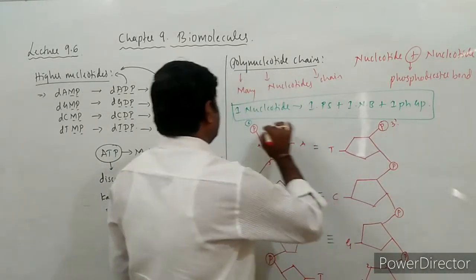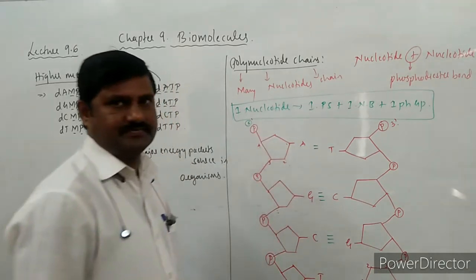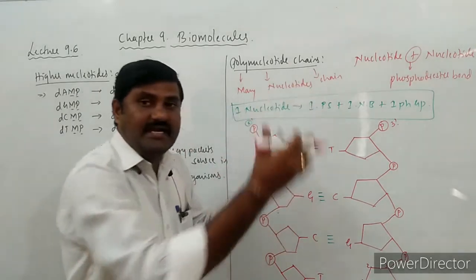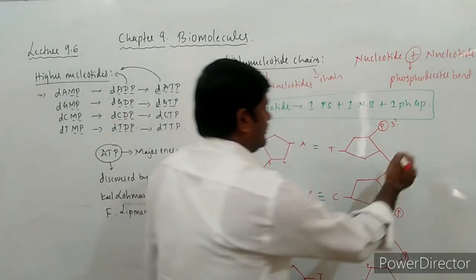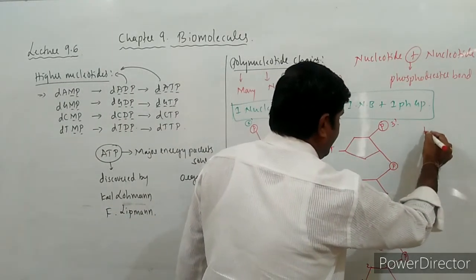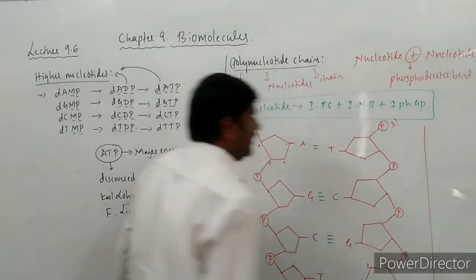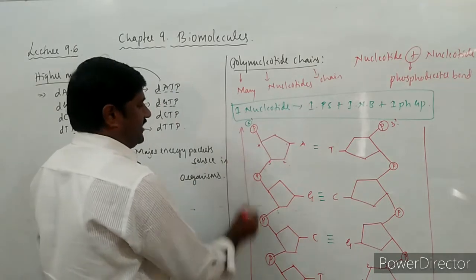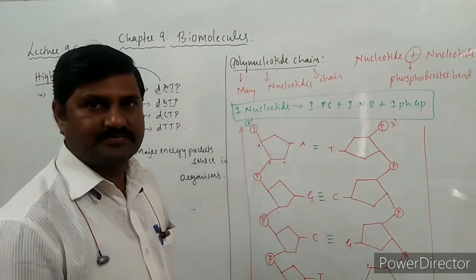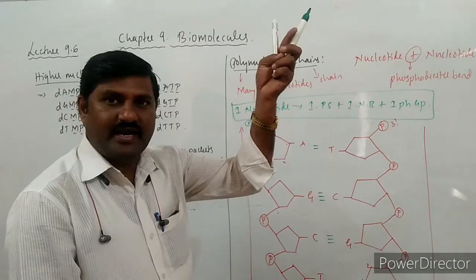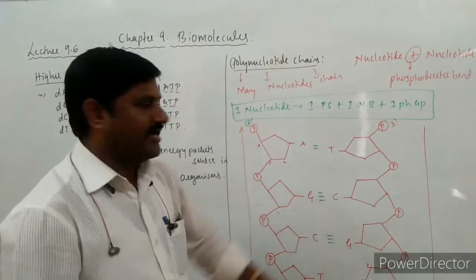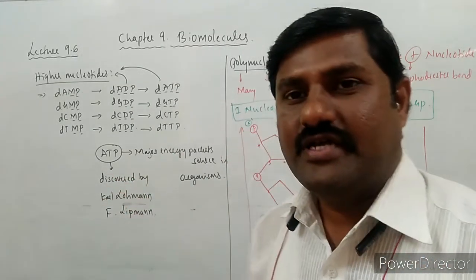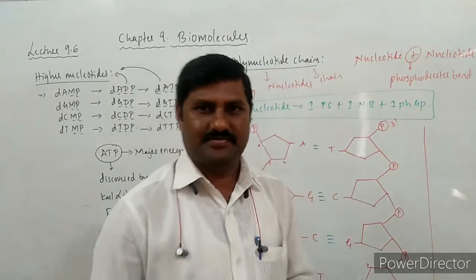This is 3', this is 5'. Hence both the strands are anti-parallel to each other. So this is running from 3' to 5' here, and this is running from 3' to 5', from base to upper part. So both are anti-parallel to each other, and both are complementary to each other. This is shown over here.